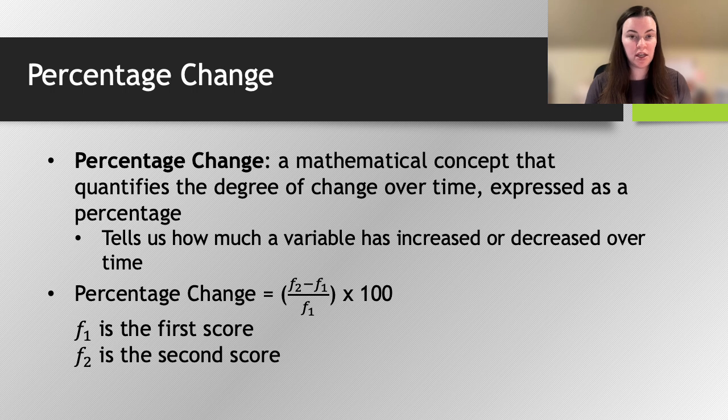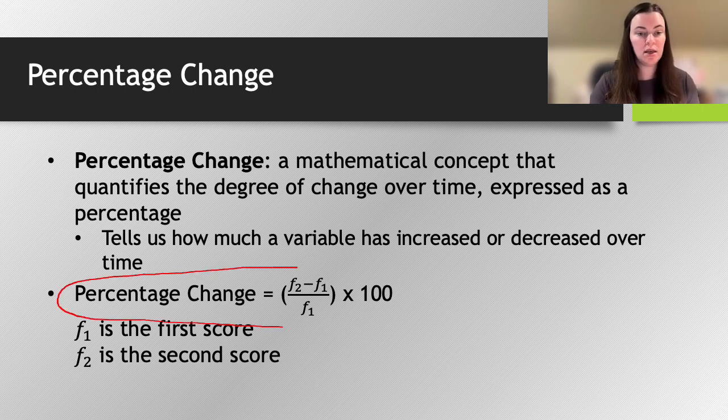Another statistical technique that we can utilize is percentage change. And percentage change is a concept that quantifies the degree of change over time, but it is expressed as a percentage. So it tells us how much a variable has increased or decreased over time. What I have listed here is our percentage change formula.